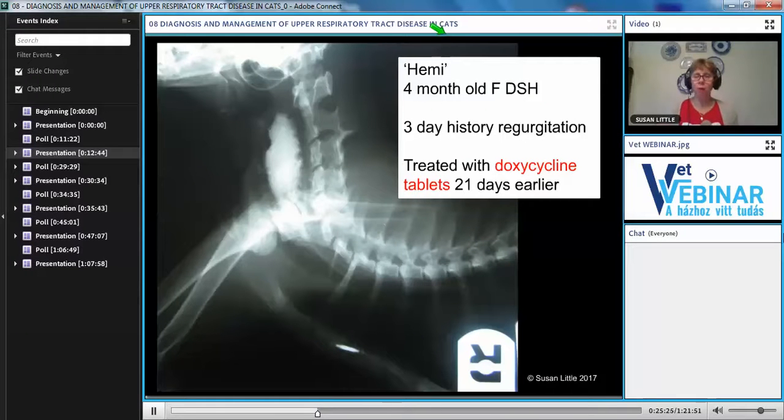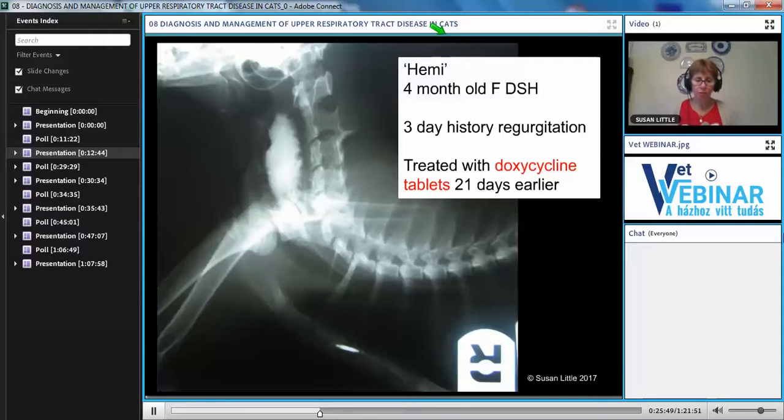There is one thing I want to mention about doxycycline, and this case of mine illustrates the point, I think, quite well. This little kitty's name is Hemi, and Hemi at the time that this happened was 4 months old, little female domestic short-hair. She'd just been adopted from our local rescue group, and we saw her with a 3-day history of regurgitating her food.